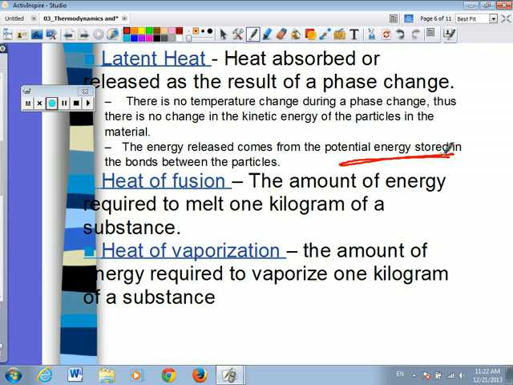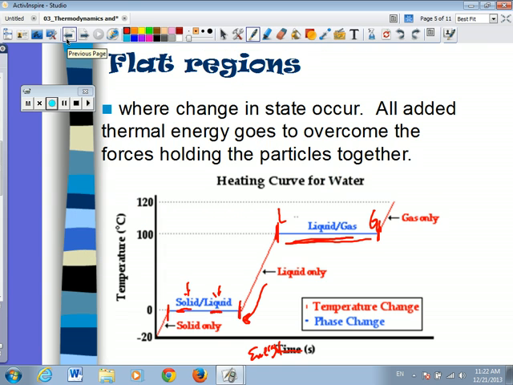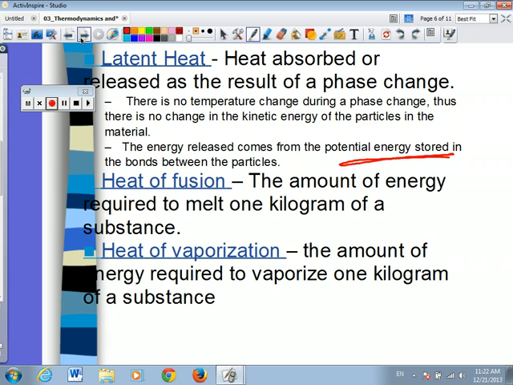Where's latent heat being measured from then? Well, latent heat comes into play here and here. What are those called? You've got the heat of fusion: the amount of energy required to melt 1 kilogram of a substance. And then you've got the heat of vaporization: the amount of energy required to vaporize 1 kilogram.